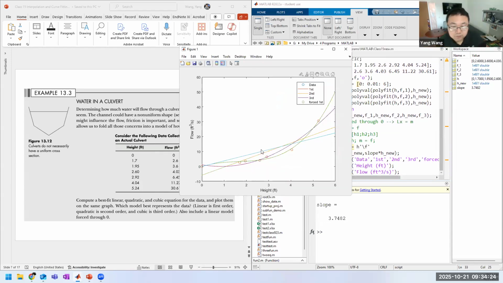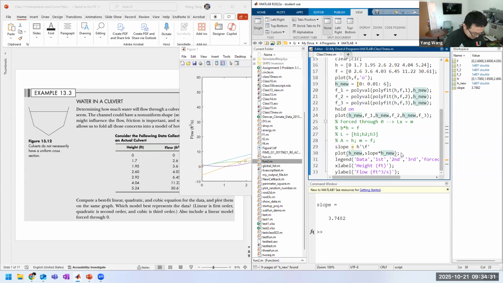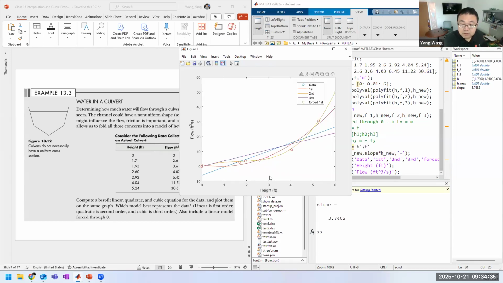Okay, so this is our new plot. So you can see that our new plot actually has this fitting that goes through the 0, 0 point, right? So this is going to be a better fit compared to if we don't constrain what happens to the first order polynomial fit, okay, or the linear regression.